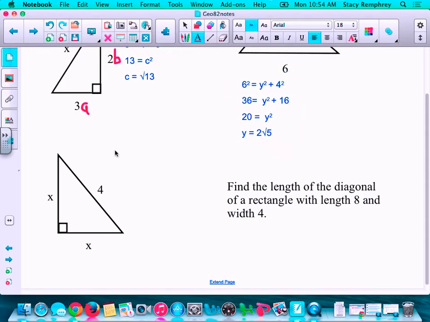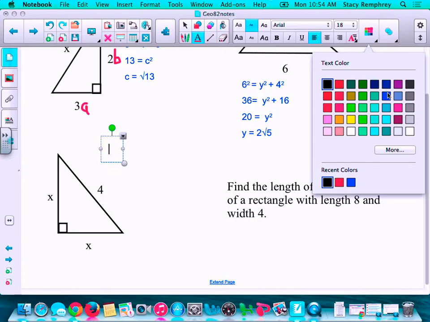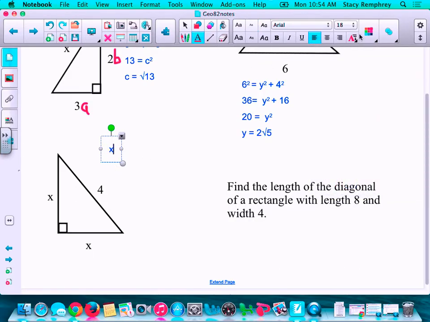Over here, we're going to have x squared plus x squared equals 4.